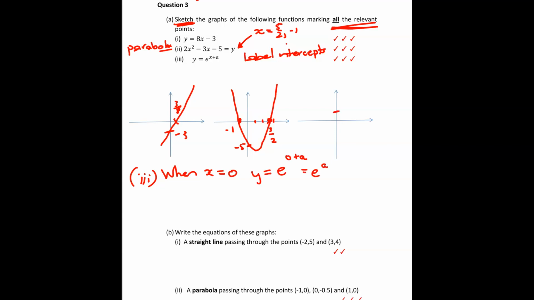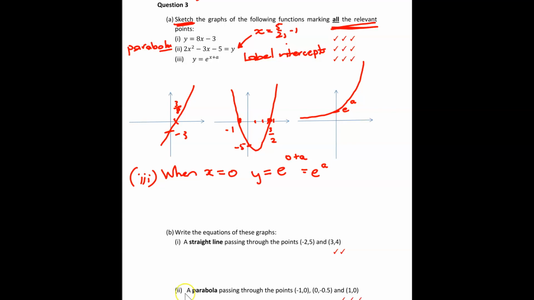So e to the a was where it cut on the vertical axis, and then a graph like that. It's an exponential graph. You needed the shape, you needed the intercepts to get your full marks.